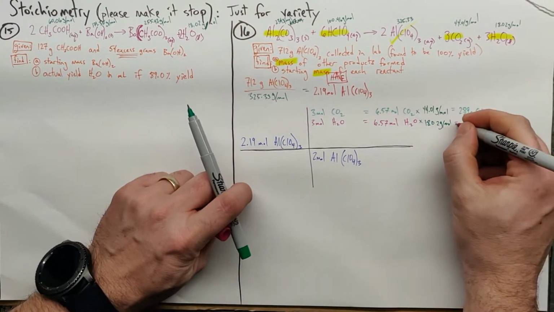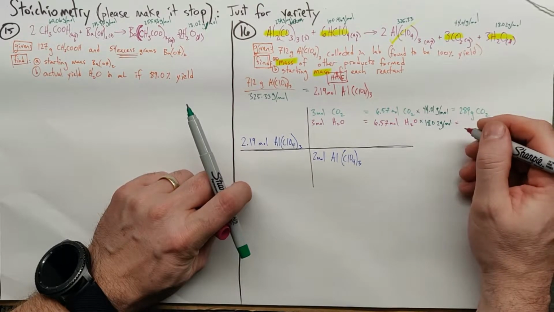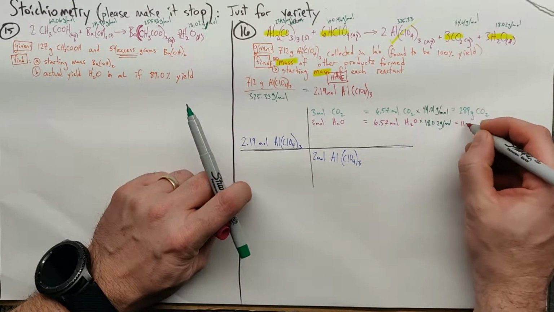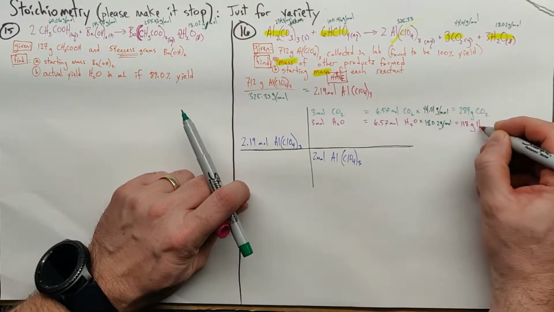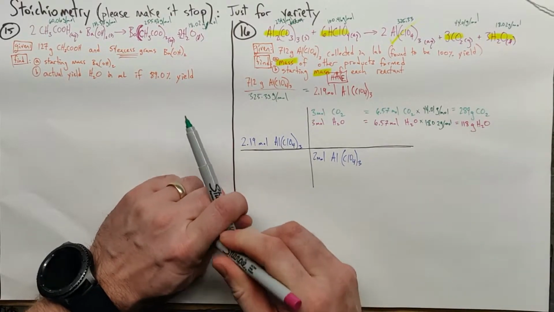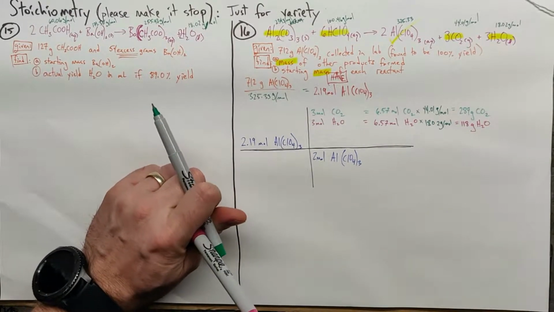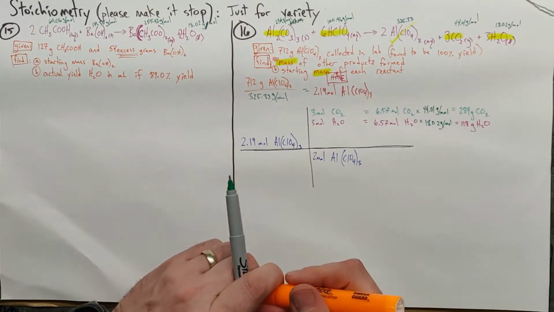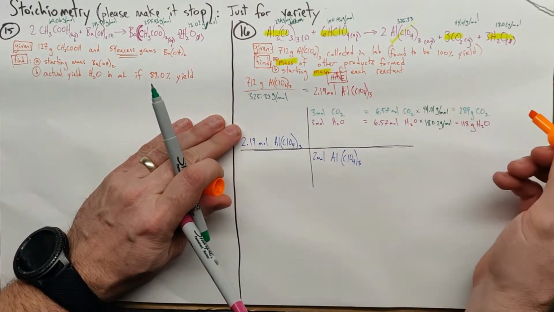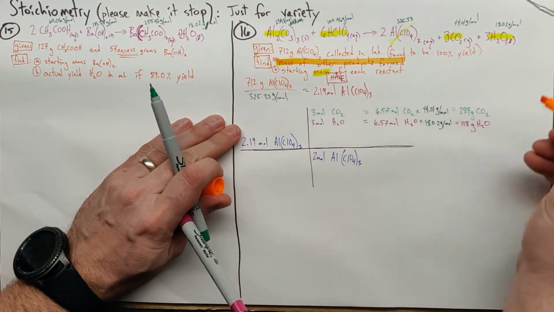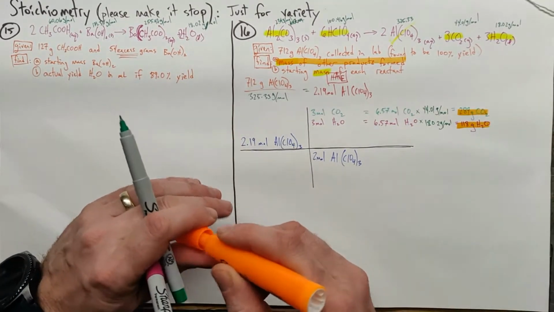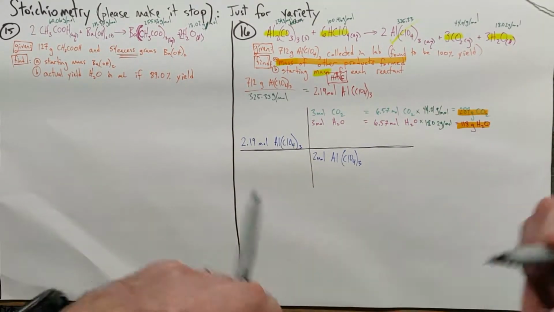And so we end up with 118.3, I'll just say 118 grams of H2O. In terms of keeping track of this, that is the mass of the other products formed, and that's our answer to part A.